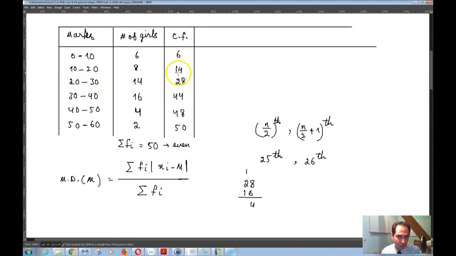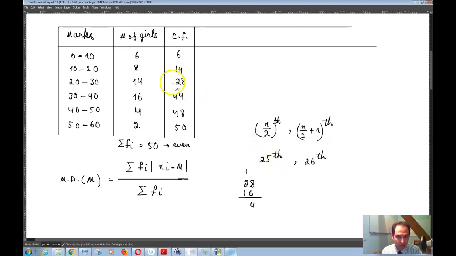So 14 plus 11 means that if you go another 11 observations, you would get to the 25th, and then the 26th observation in the same class, and of course this class goes all the way up to the 28th observation as well.